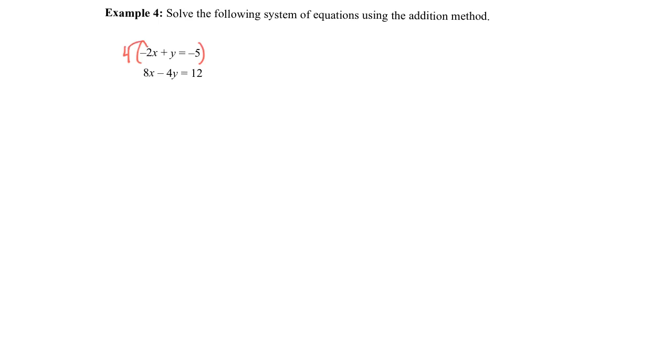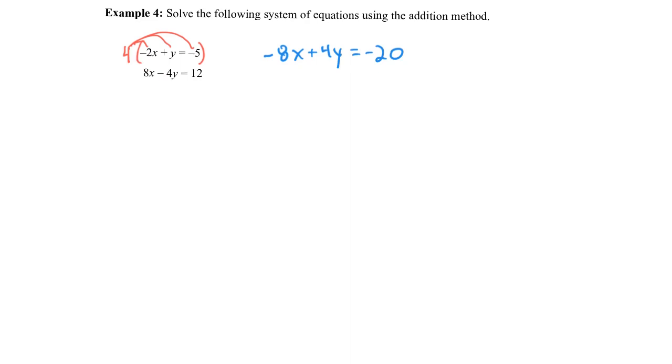So I just distribute this through all the way. Remember, don't forget about this one over here. So what we get, if I rewrite, I get negative 8x plus 4y equals negative 20. And that is just from distributing the 4 through all of this.